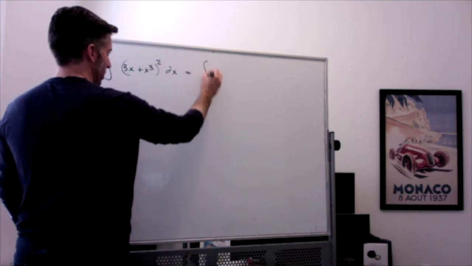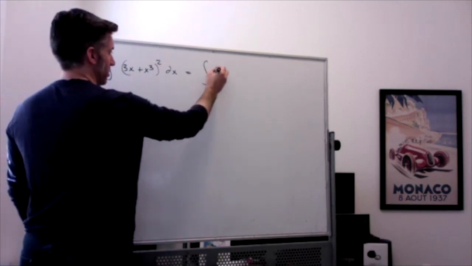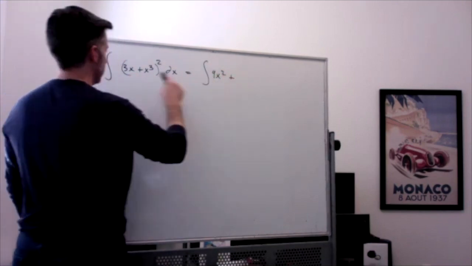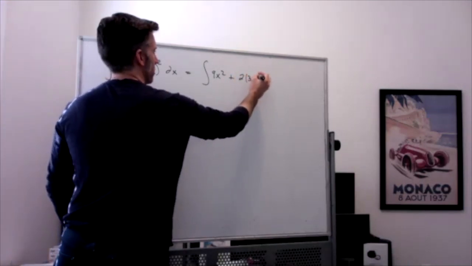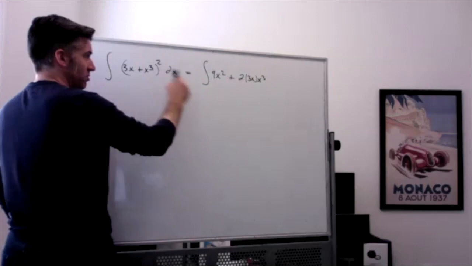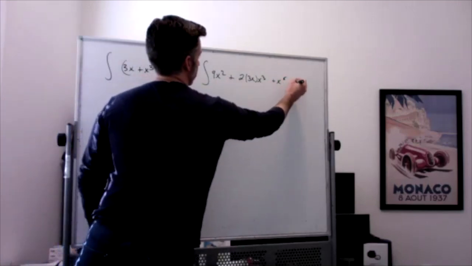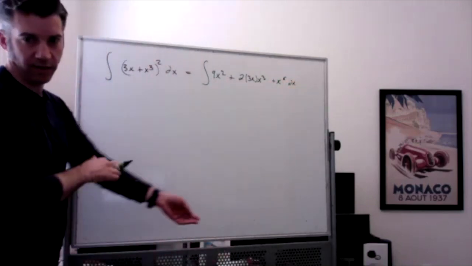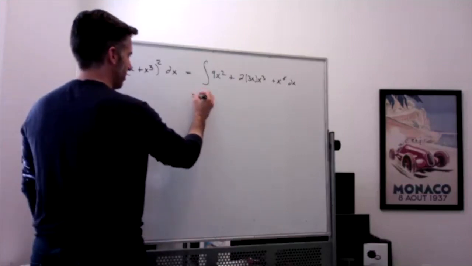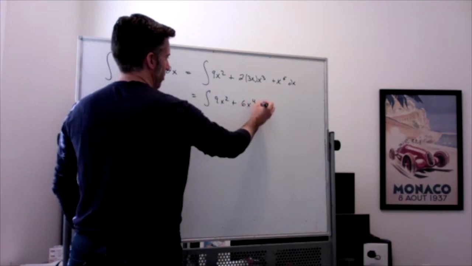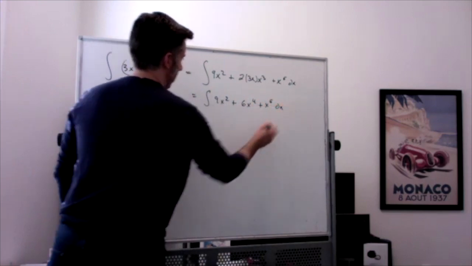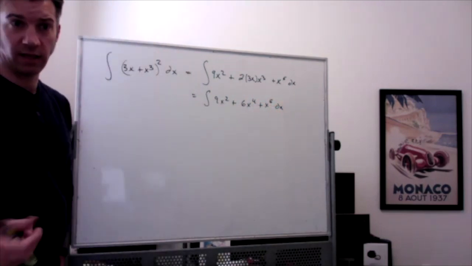So it's just going to be 3x quantity squared, so 9x squared, and then 2 times 3x times x cubed, and then x cubed squared. We could simplify this slightly more. It'd be 9x squared plus 6x to the 4th plus x to the 6th. And all of you can integrate that. I don't think I need to say more about it.